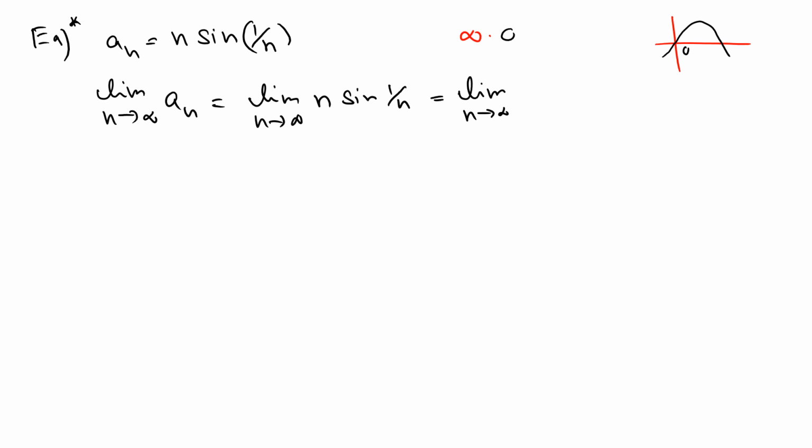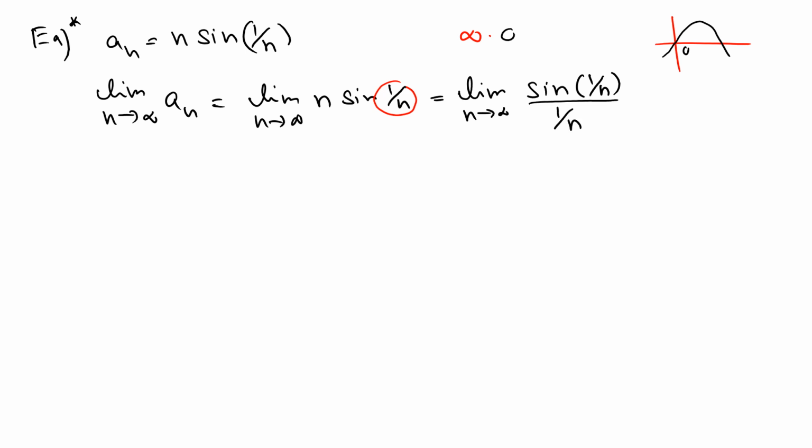The whole argument is to create this exact same number there, 1 over n. That's the whole point. So how to do that? We divide the top and bottom by n. If you do that, you get sine 1 over n here, and in the numerator the n gets cancelled, and by the bottom you get 1 over n.